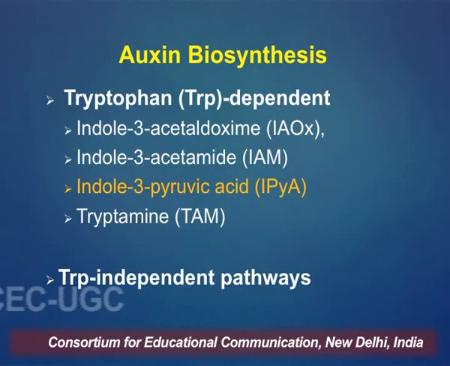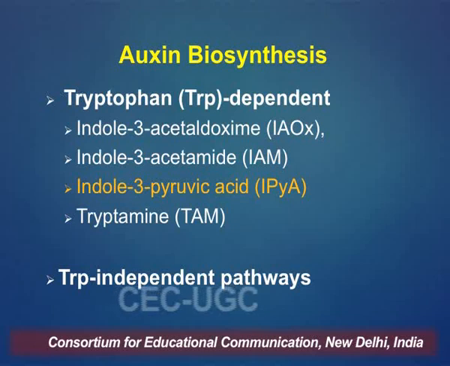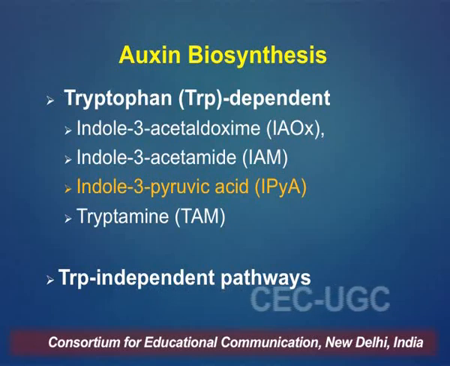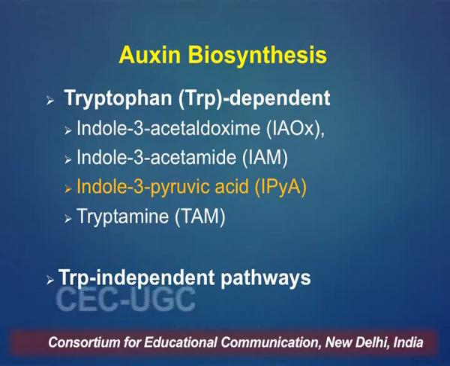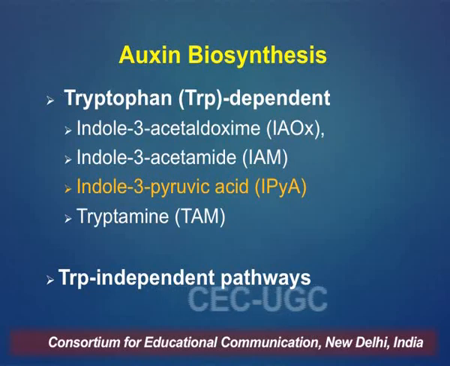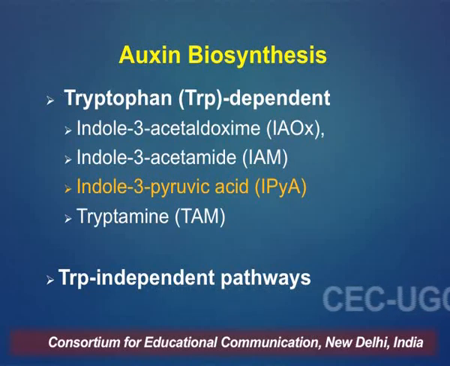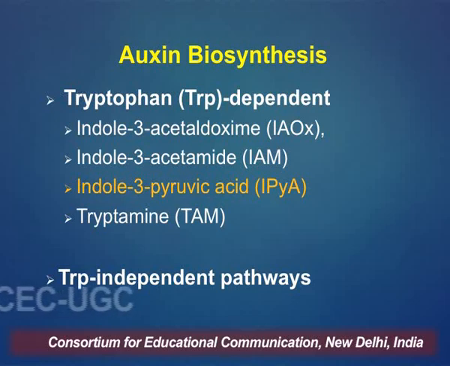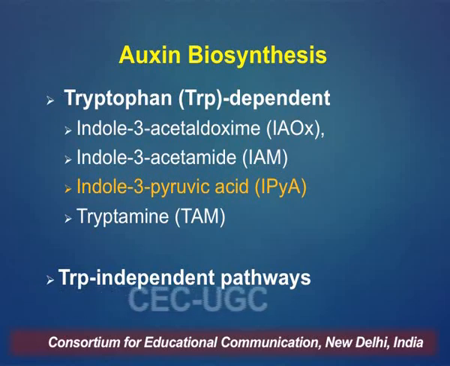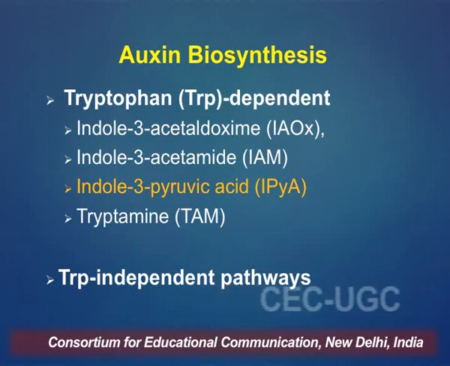Now we move on to the biosynthesis of auxins in plants. Auxins are biosynthesized by two major pathways, named the tryptophan dependent and tryptophan independent pathways. Amongst these two, the tryptophan dependent pathway is considered the major pathway for the biosynthesis of auxin, and it is the most widely studied pathway.